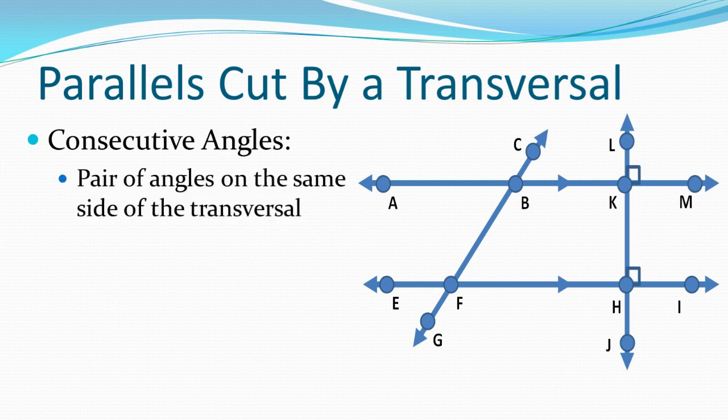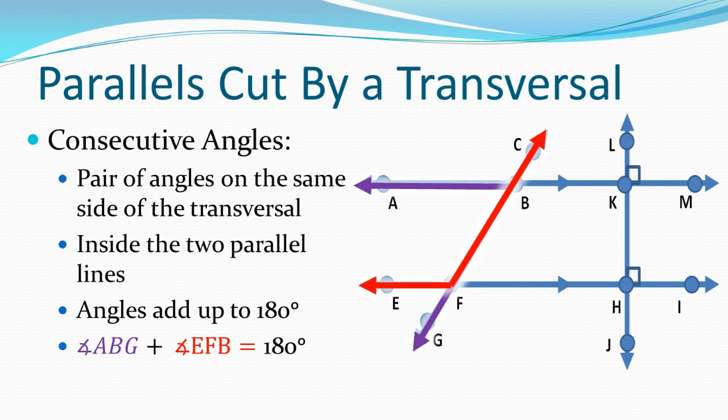Consecutive angles are a pair of angles on the same side of the transversal inside the two parallel lines. These add up to 180 degrees. So I have angle ABG and angle EFB. These are consecutive angles. They're on the same side of the transversal and inside of the parallel lines.